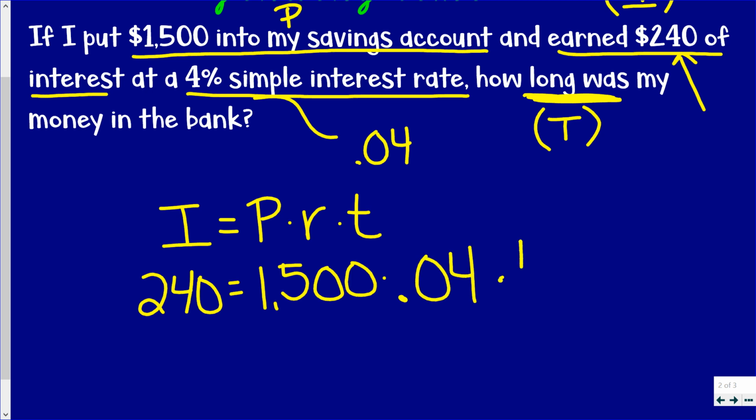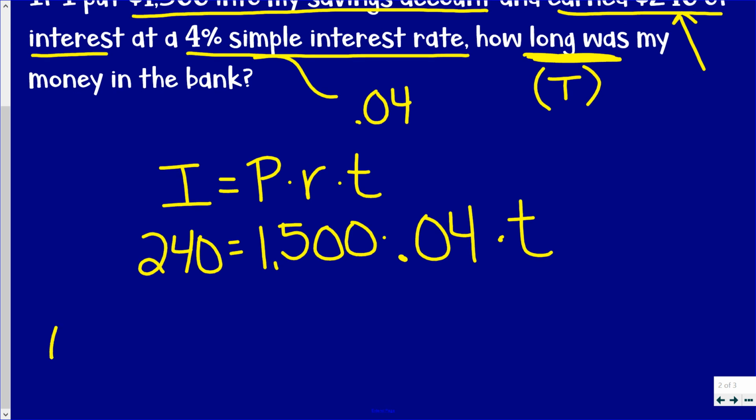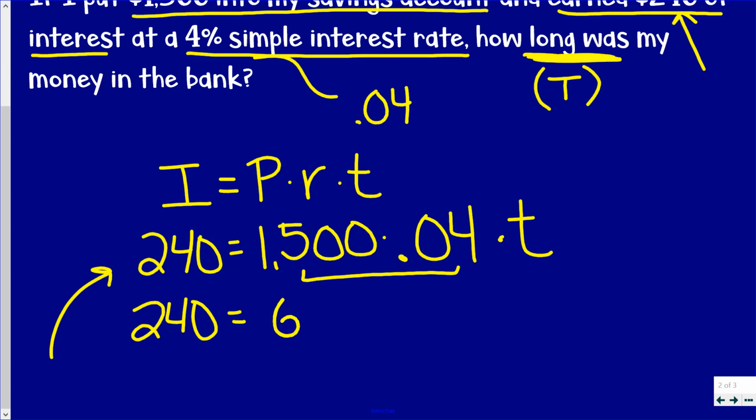And then we don't know how many years, so we're solving for T. Once again, nothing on this side of the formula that we're going to mess with. So we have 240 equals 1,500 times 0.04. 1,500 times 0.04 equals 60. And then we have T, so that's left over. So we have 60 T.